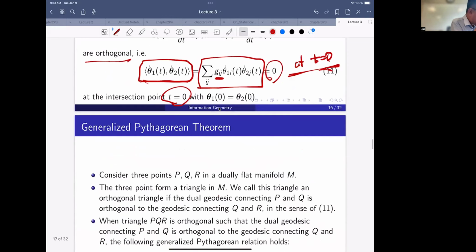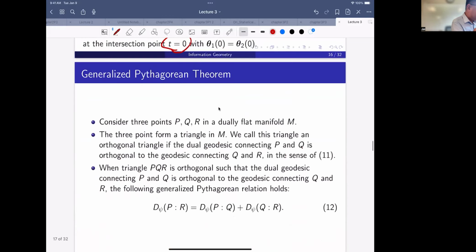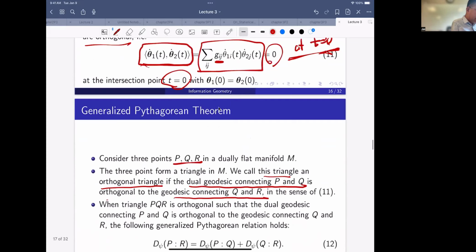Okay, so here's the generalized Pythagorean theorem. PQR in a dually flat manifold, and we call this triangle an orthogonal triangle if the dual geodesic connecting P and Q is orthogonal to the geodesic connecting Q and R in the sense of (11).